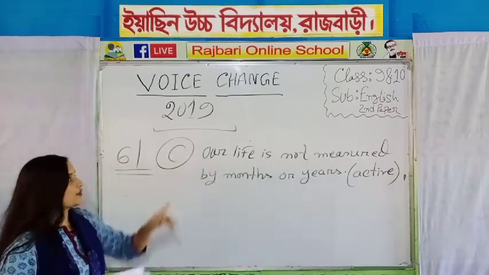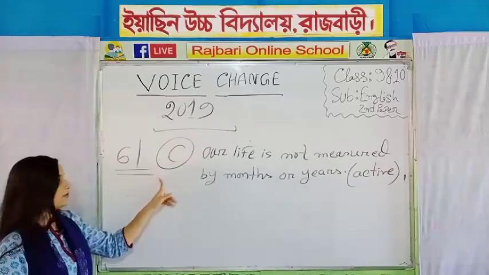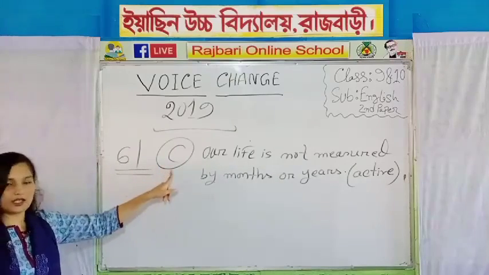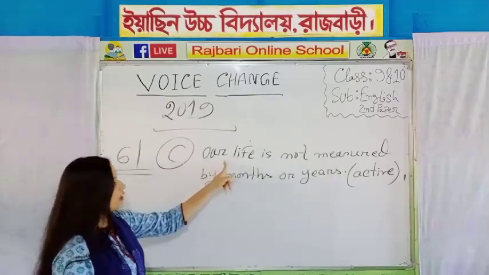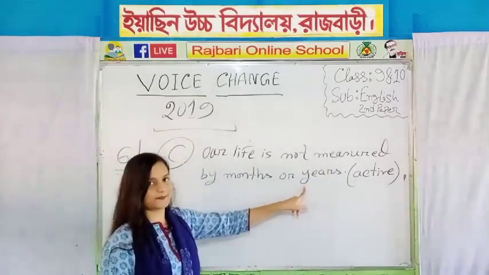That means in the 2019 board question you will get question number 6 C, where the sentence was our life is not measured by months or years.